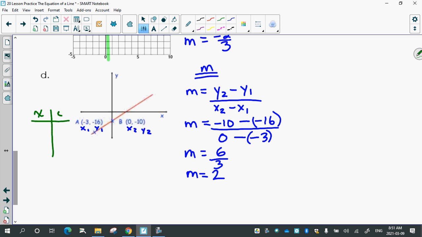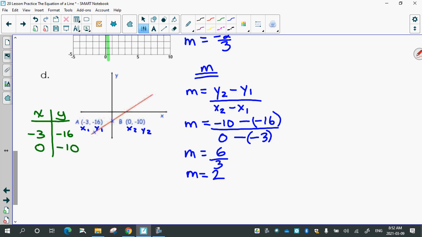So if I put these points into a table, negative 3 goes with a y value of negative 16, and then 0 is bigger than negative 3, so I would put it below the negative 3, and negative 10.